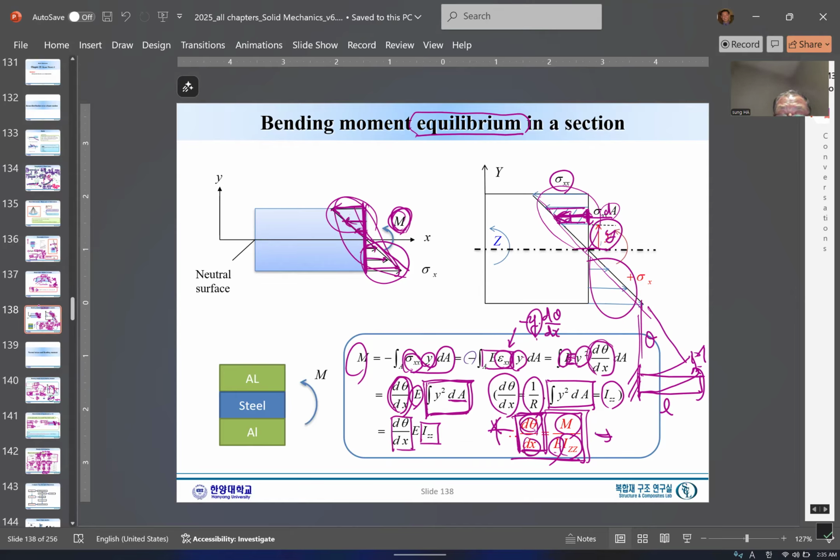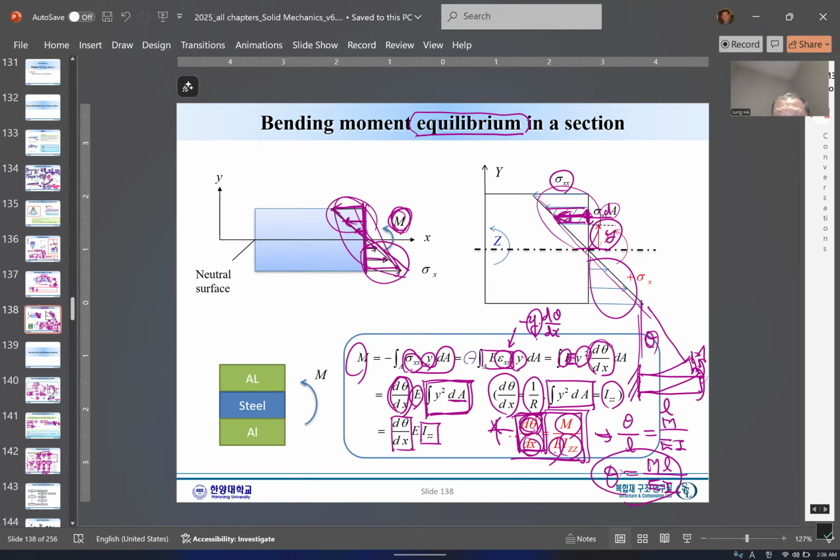So d theta dx, when we apply the pure bending moment at the end, will simply be theta, and dx can be L, and this will be moment, EI. I should have explained this one before. But anyhow, this is theta equals moment times L over EI.